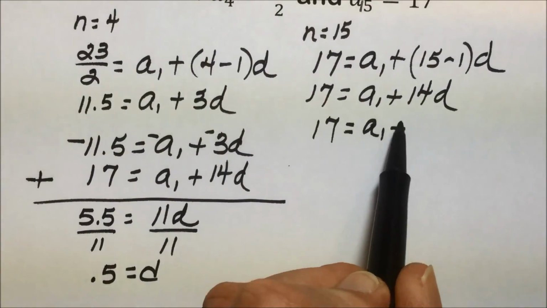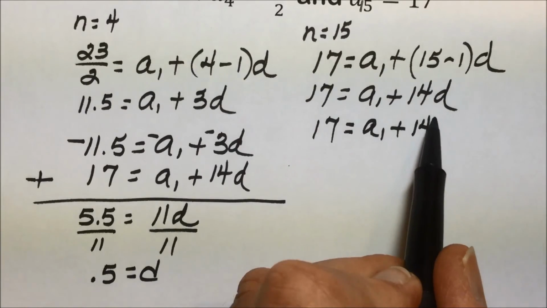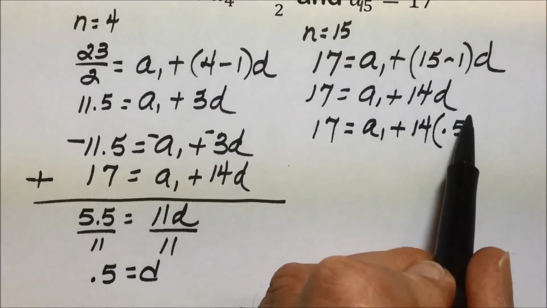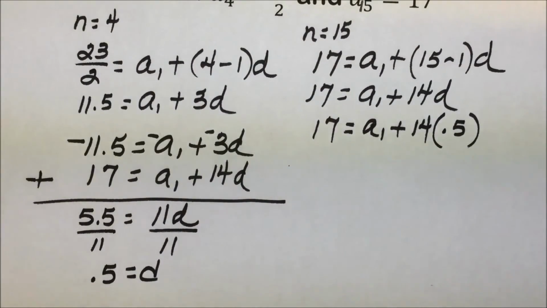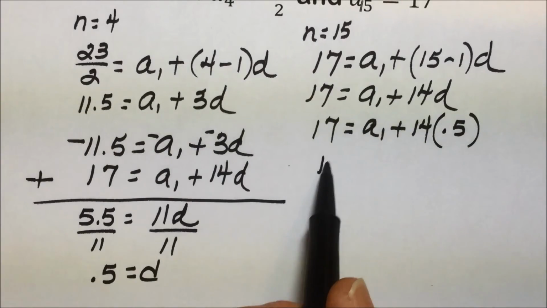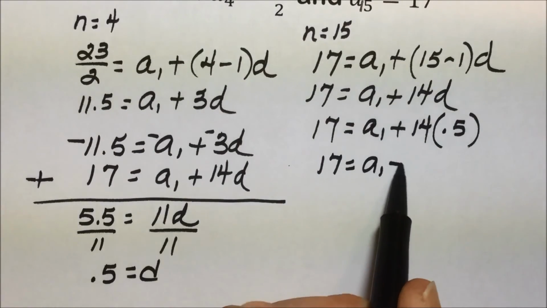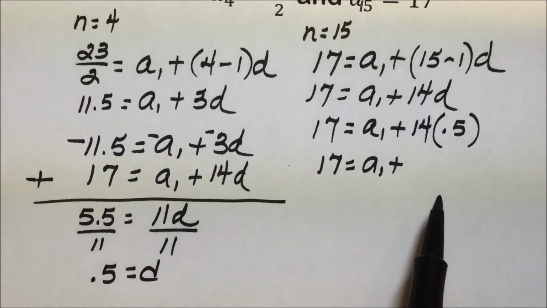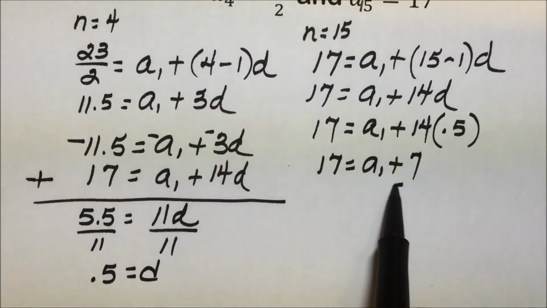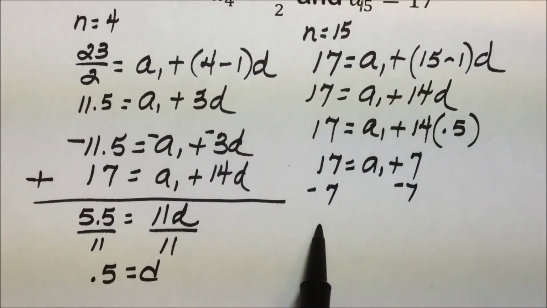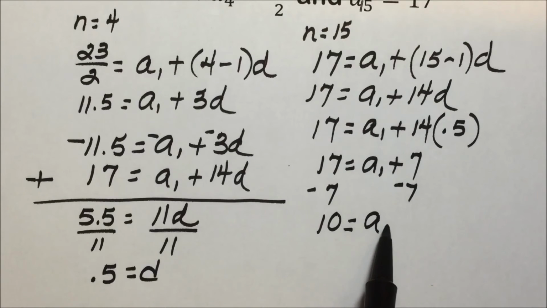We don't know the first term, but we now know our common difference of 0.5 that generated this 15th term. Doing the multiplication, 14 times 0.5, or a half, leaves a 7. Subtracting a 7 from each side leaves us with the first term is equal to 10.